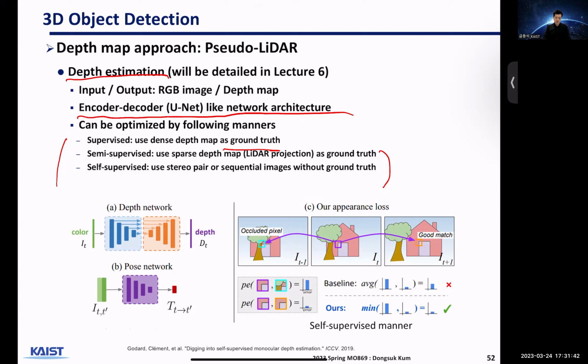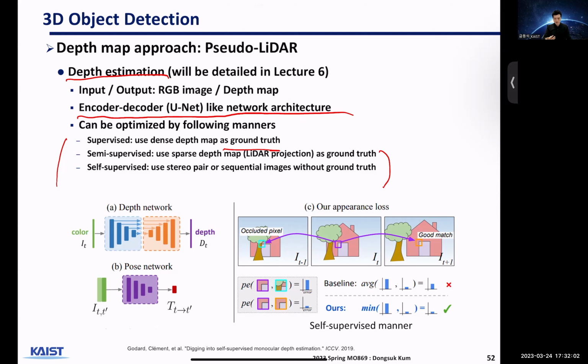It could be either stereo or a sequence of images. Once that information is given, we can reconstruct 3D depth information or point cloud.